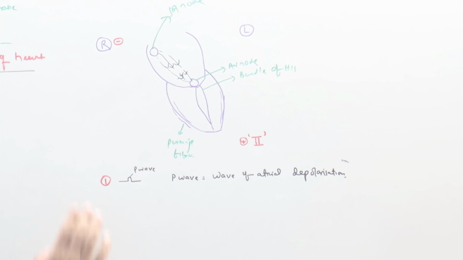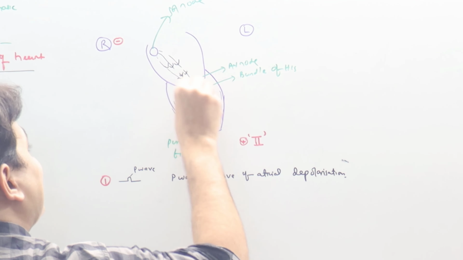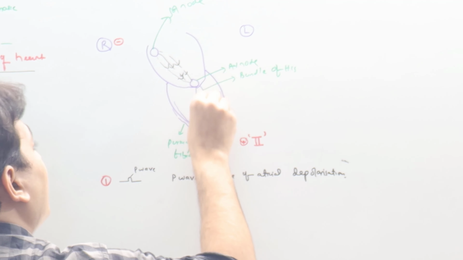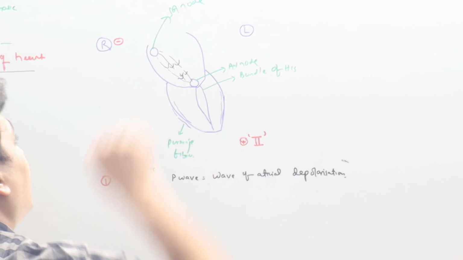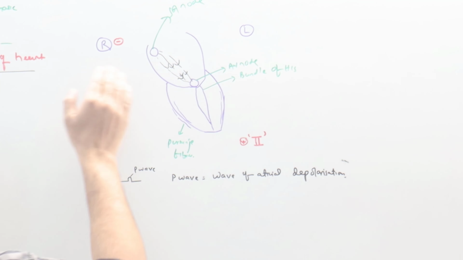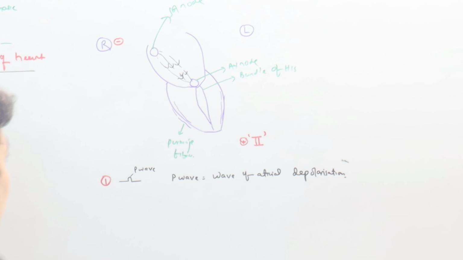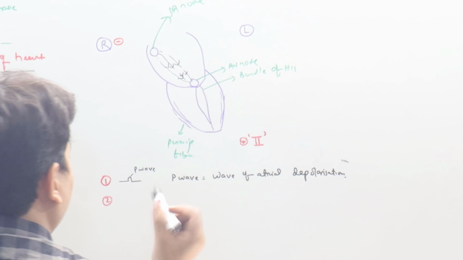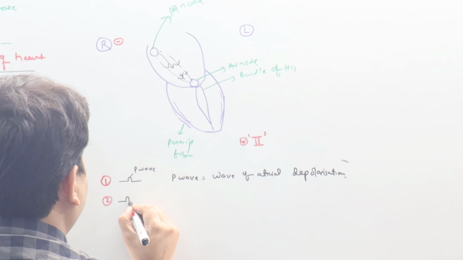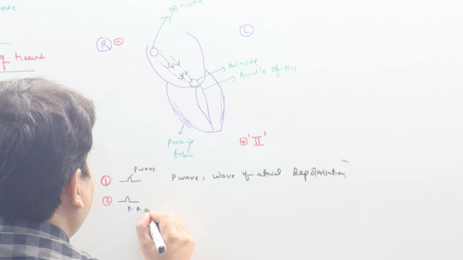Then what happens? In the AV node, the impulse stays for some time, because the intrinsic property of the AV node is to slow down the impulse that is generated in the SA node, so there will be some delay in the conduction. So in lead 2, after the P wave is generated, there is a gap, that is called the PR interval.